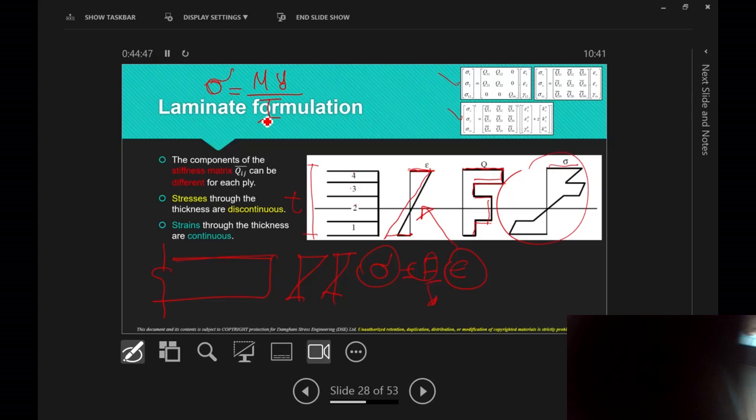Simple, nothing to worry about. I mean, dead easy. But when it comes to composite, your M is the same. Your I and Y are not so easy anymore. That's why you get that complication. So for metallics, the stress is linearly distributed. For composites, it's not really. I mean, it's quite discontinuous.